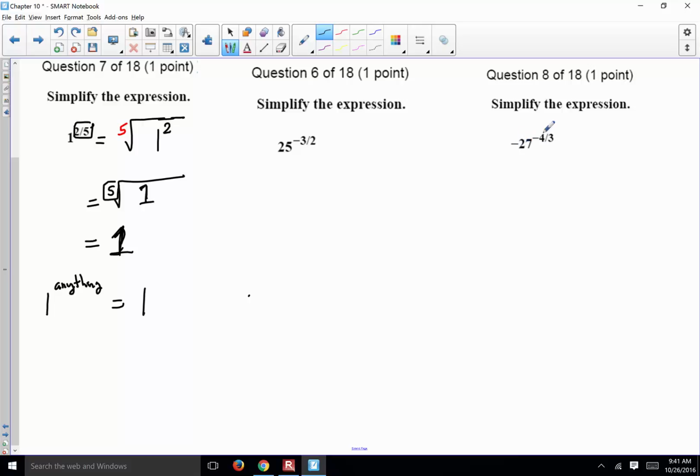Alright, first we need to fix the negative power. Cure the negative. It turns into 1 over 27 to the positive 4/3. What happens to this minus sign? Are we going to put it right here again? You may keep it here, or you may pull it in front and keep it all the way out, or you may even pull it to the top.